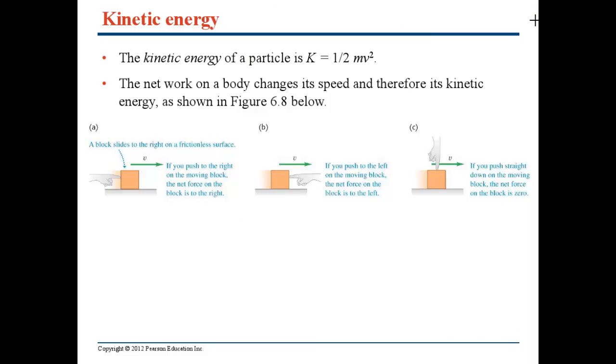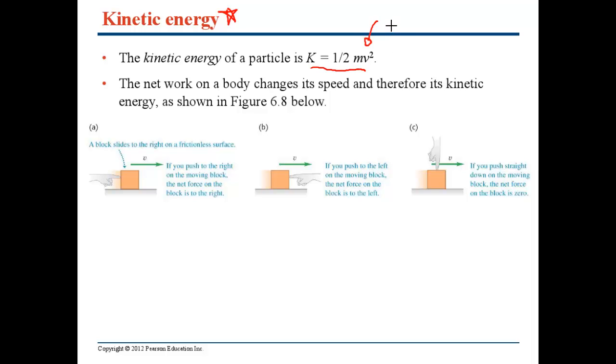Now that we've talked about what happens when you apply a force to a block, you've done some work to it over some distance. If you've done work to something, you've actually given it something that we're going to call kinetic energy. And the kinetic energy of a particle is written as 1/2 mv squared.